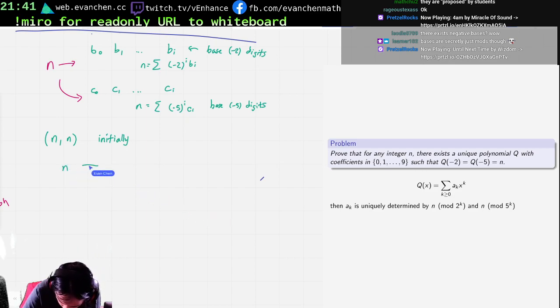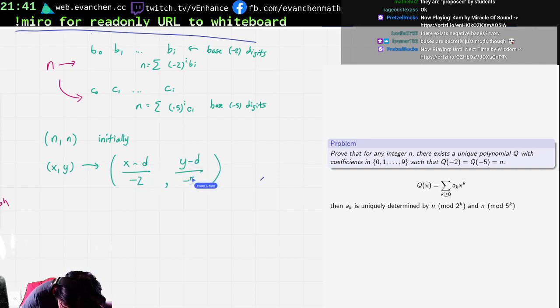So if you have targets x comma y, then you replace them with x minus d over -2, y minus d over -5, where d is between 0 and 9, x is congruent to d mod 2, and y is congruent to d mod 5, whatever the unique digit that has that property is. Wait, actually, this doesn't seem that bad now.